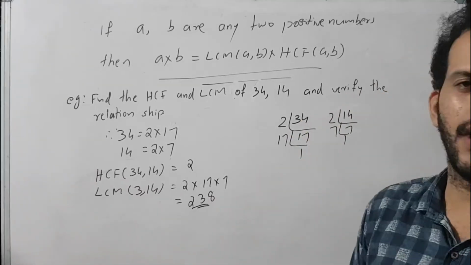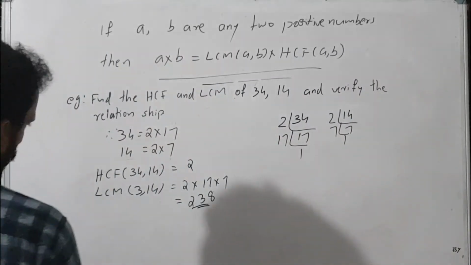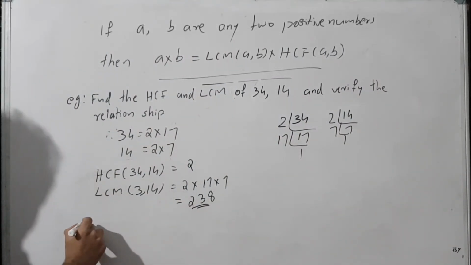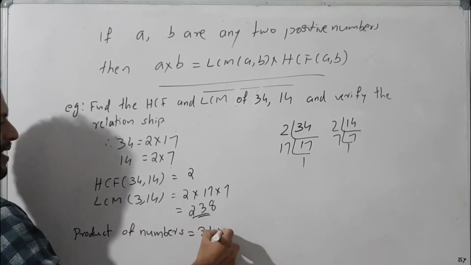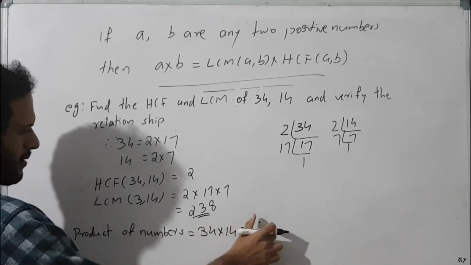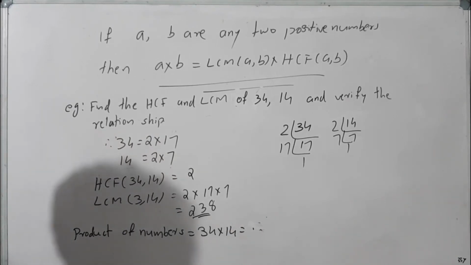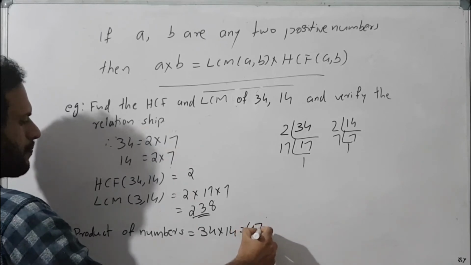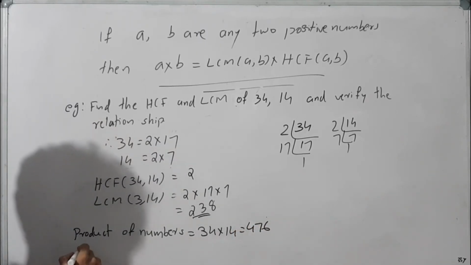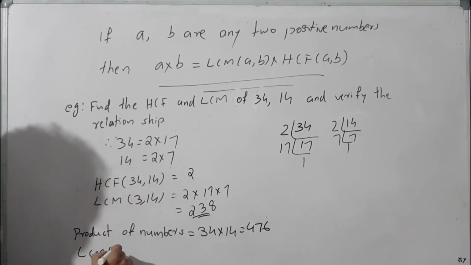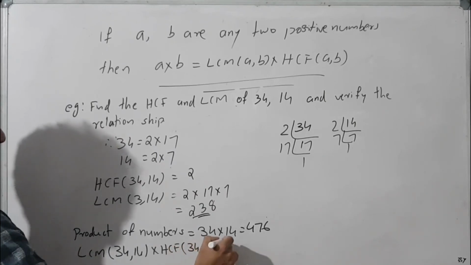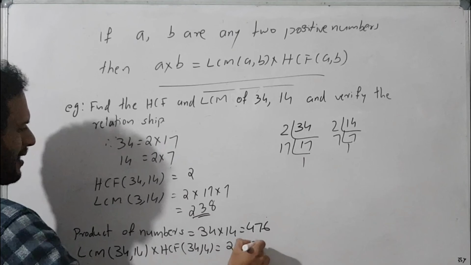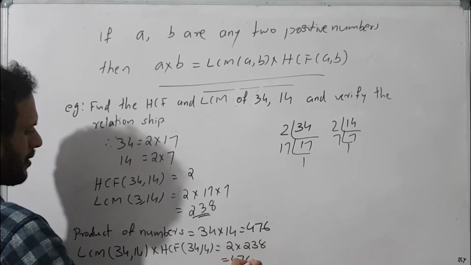Now we have found the HCF and LCM. One more question is there: verify the relationship. For that, first we write the product of numbers. 34 into 14 is 476. Next, LCM of 34 and 14 into HCF of 34 and 14 is equal to 2 into 238, which is equal to 476.